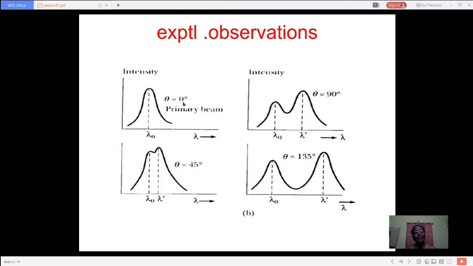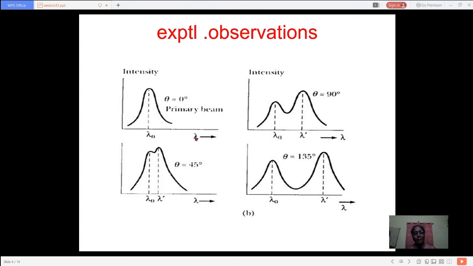See, here the angle is 0. You have the incident radiation with wavelength lambda, and when you look at the output, in this particular direction no scattering was observed.